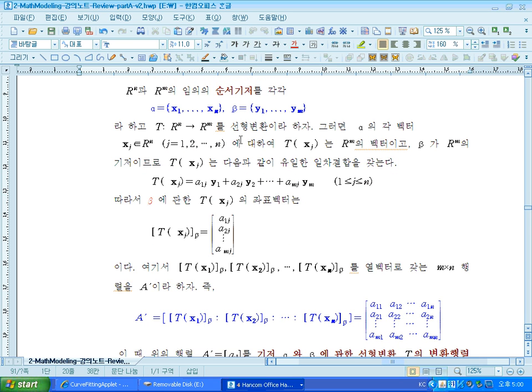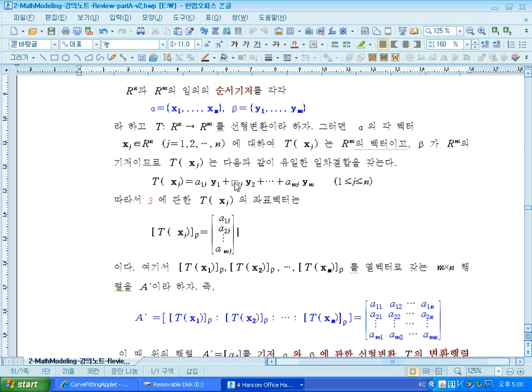Suppose we have a T, then we can think of the image of the xj's, the basis elements of Rn. Then we can write the image of xj under T as a linear combination of this basis beta in Rm. Then we can find these Aij's.